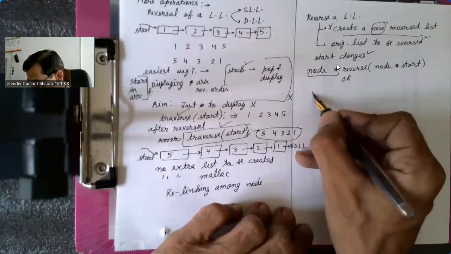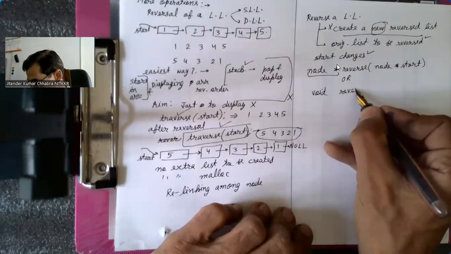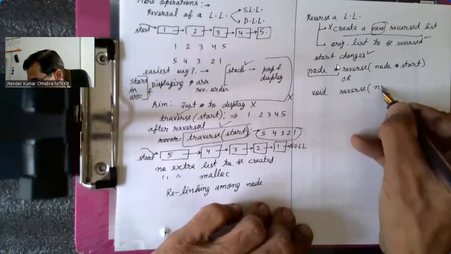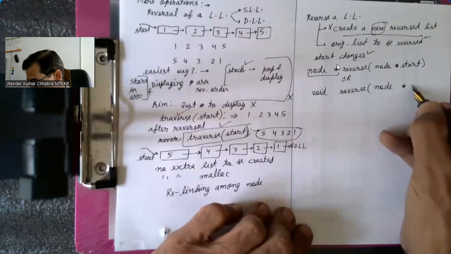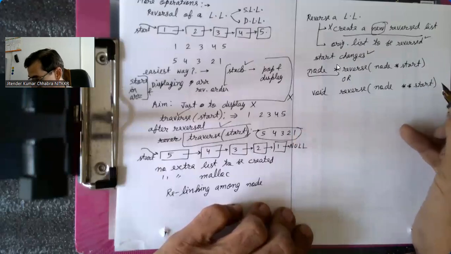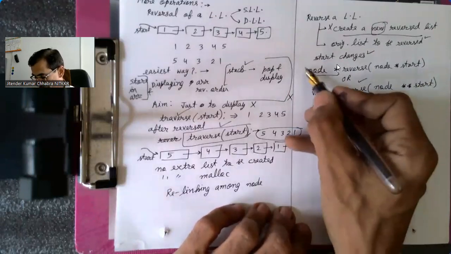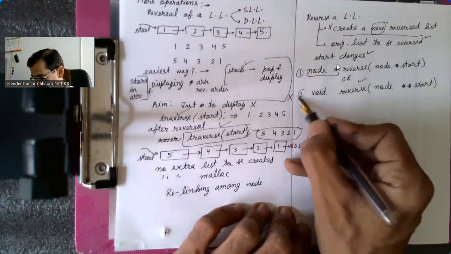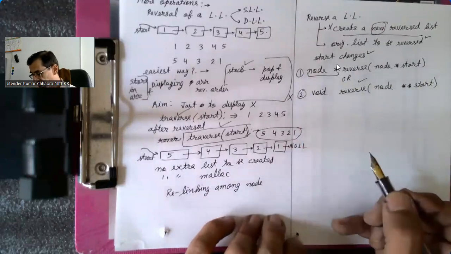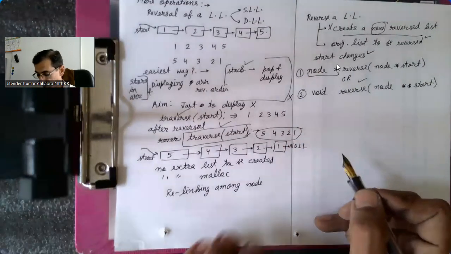Or I could have a double star used, so then it will mean void reverse, but with a node double star. So both alternatives you now know well, so you can practice this also. Let's do any one, say first method, second method. Doesn't matter. Syntax is similar, so logic will remain similar.